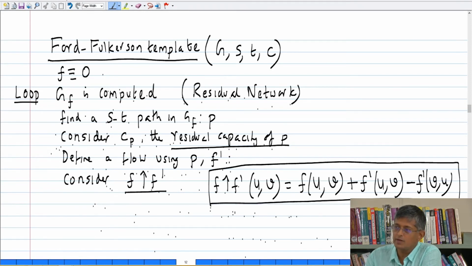And we will prove properties of this f augmented with f prime. This flow we will prove some interesting properties, and we will repeat this step till you can't find an ST path.